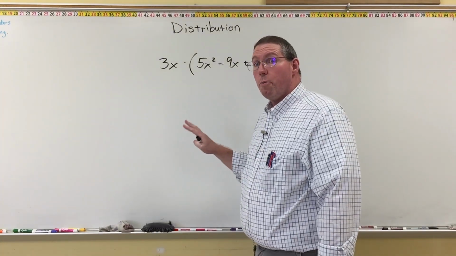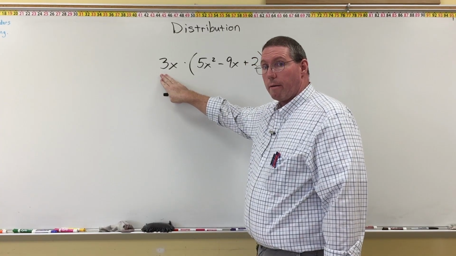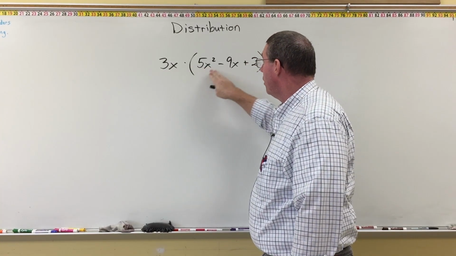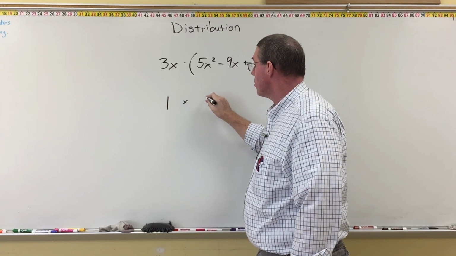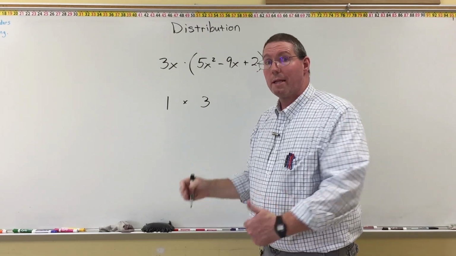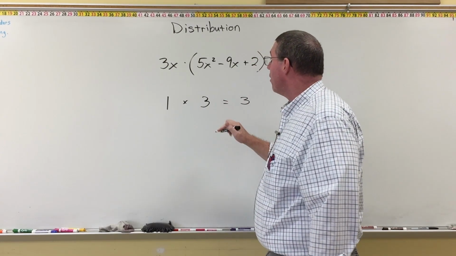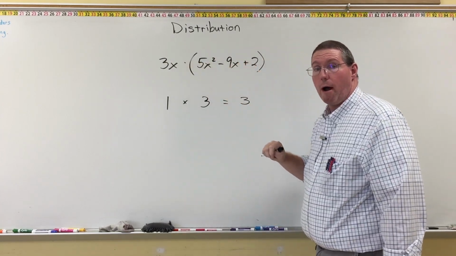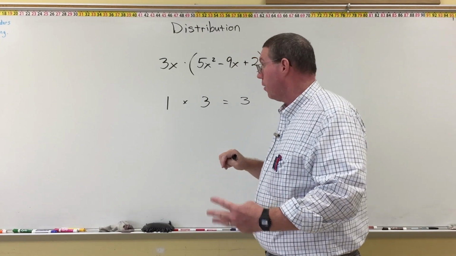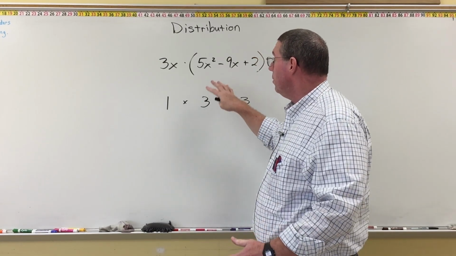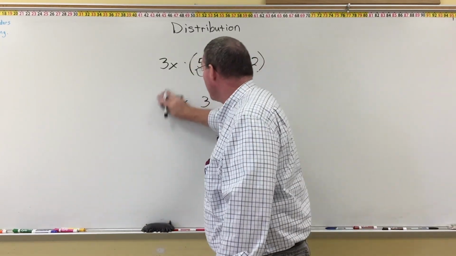So, since we are multiplying one term times an expression of 3 terms, we are going to have 1 times 3 multiplication products, okay? And 1 times 3 is 3. Therefore, when we do this distribution problem, we should wind up with 3 terms, 3 different products that will then be adding and subtracting with one another, okay? So let's see what that looks like.